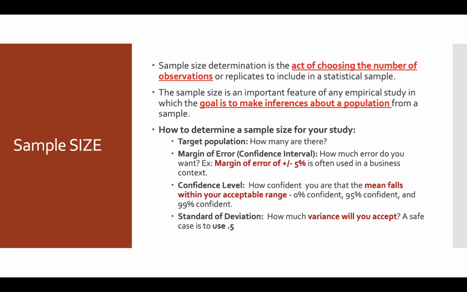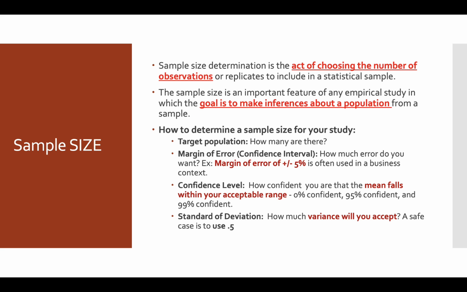Then we use what's called a margin of error or a confidence interval. And how much error do you want? So meaning you've got that number, and the number is going to be either plus or minus 5%, which is what we use in business. If you were doing a medical study, you might be in the 99% confidence interval.